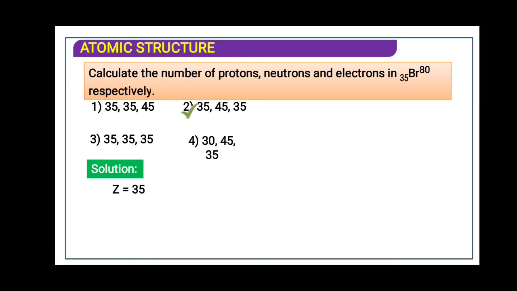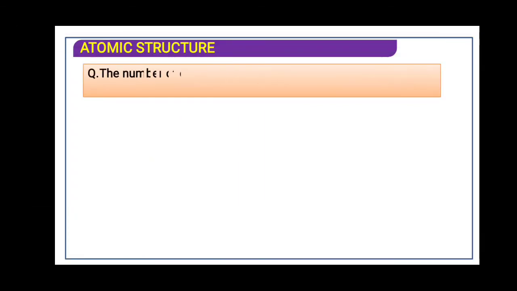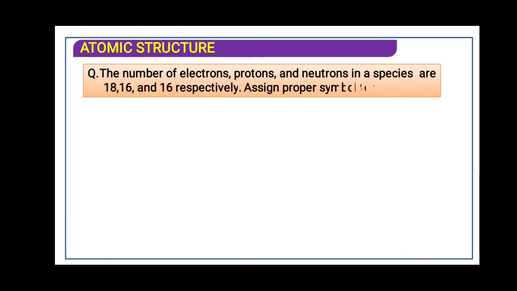You can see the solution. The number of electrons, protons and neutrons in the species are 18, 16 and 16 respectively. Assign the proper symbol to the species.